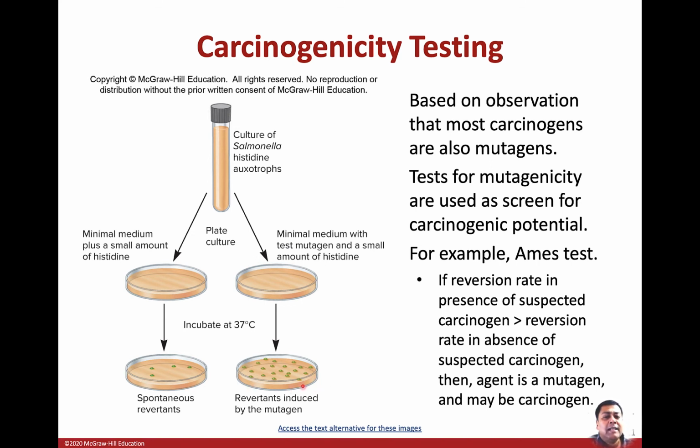That's where potentially the test substance is a mutagen and probably a carcinogen. So this is the principle of the carcinogenicity test using the Salmonella typhimurium histidine auxotroph. This is known as the Ames test.